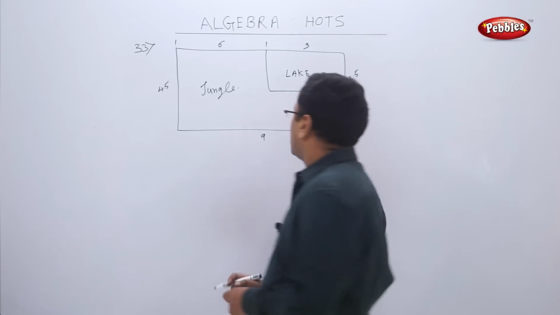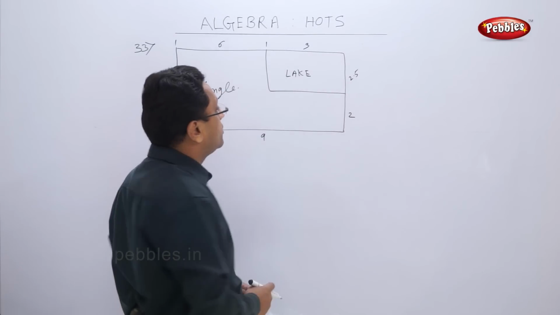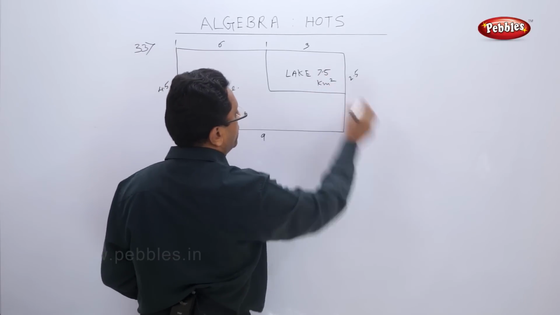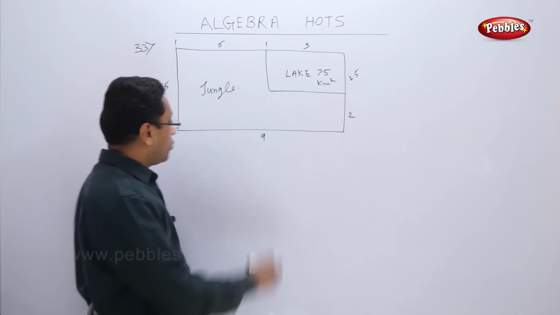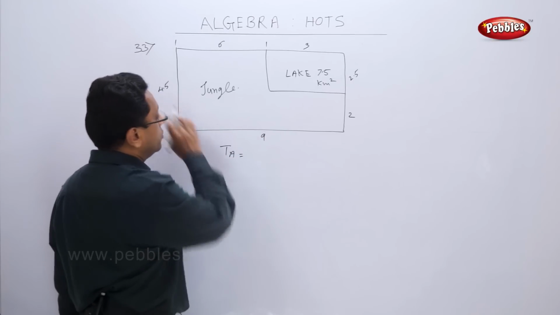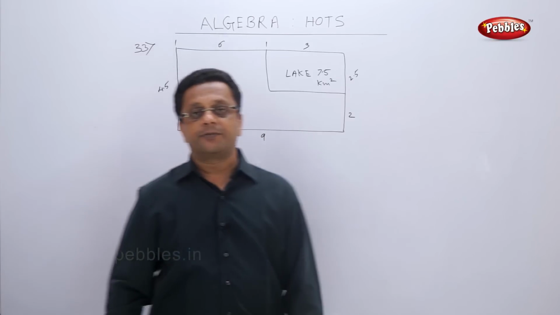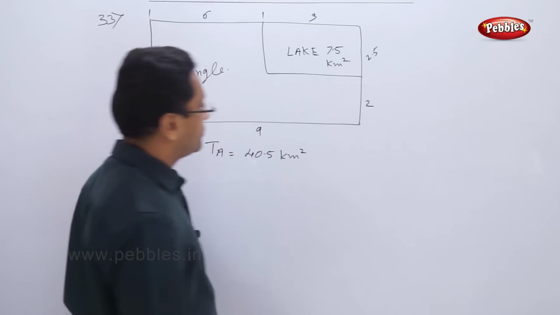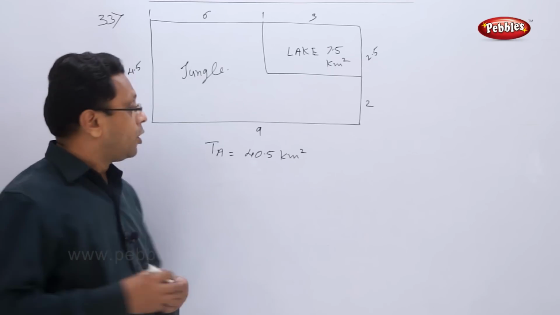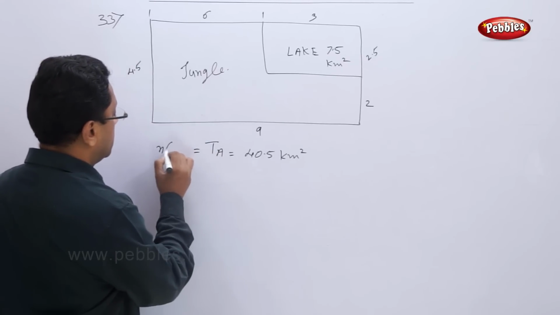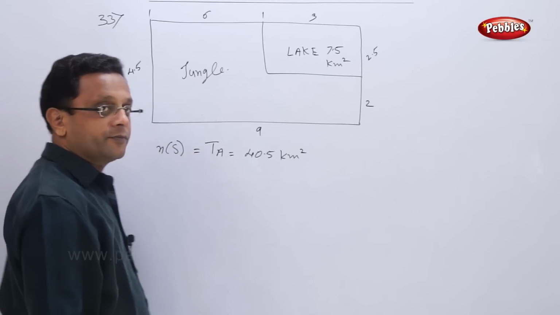So what is the area of the lake? 7.5 kilometer square. And what is the total area? 9 into 4.5, 40.5 kilometer square. So this is nothing but my NS.